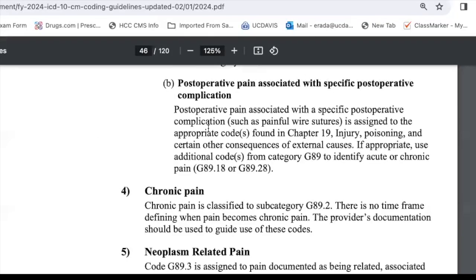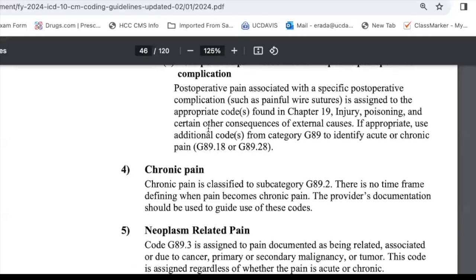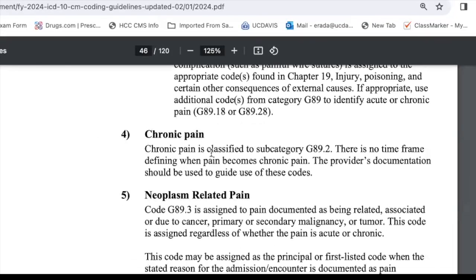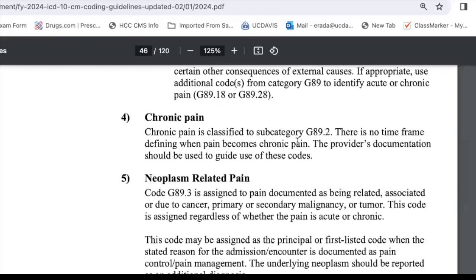Let's go back to the guideline here. Chronic pain is classified to subcategory G89.2, which we have already identified earlier. There is no time frame defining when pain becomes chronic pain. The provider's documentation should be used to guide use of these codes. So there's no time frame.